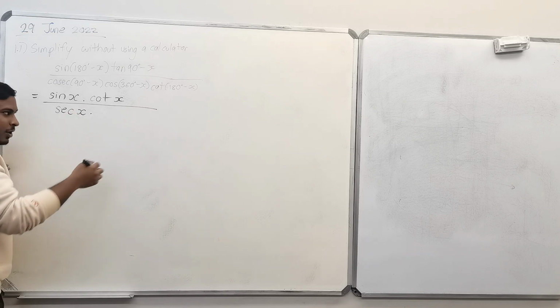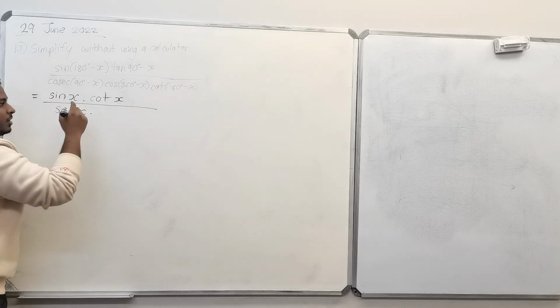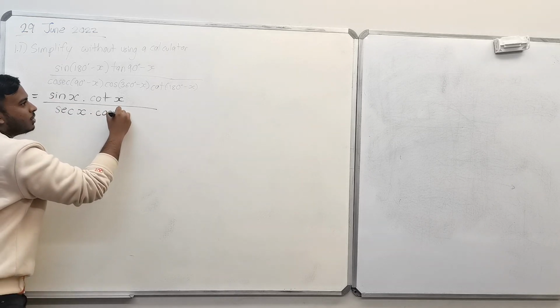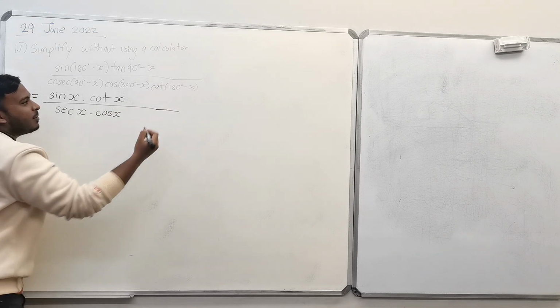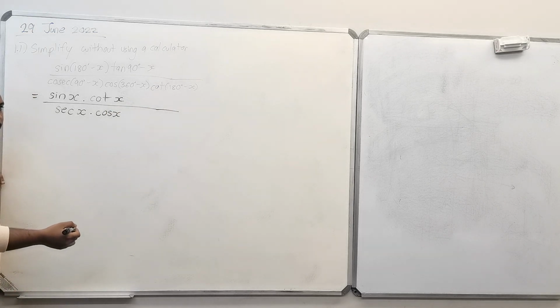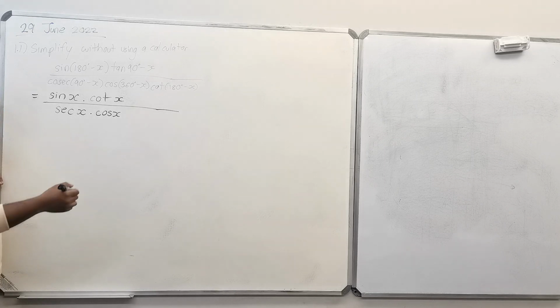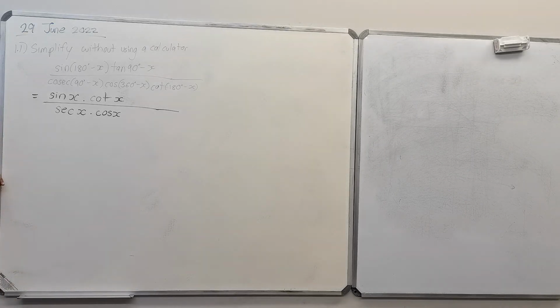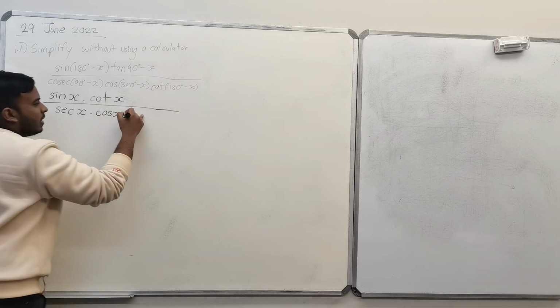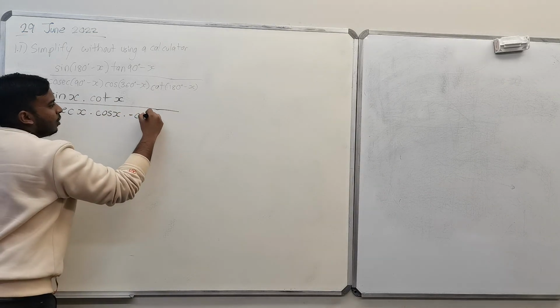Fourth. What is positive in the fourth? Cos. So this will just become cos of x, and then 180 minus is which quadrant? Second, right? In the second quadrant, what is positive? Cosec, right? So cot will be negative cot x.